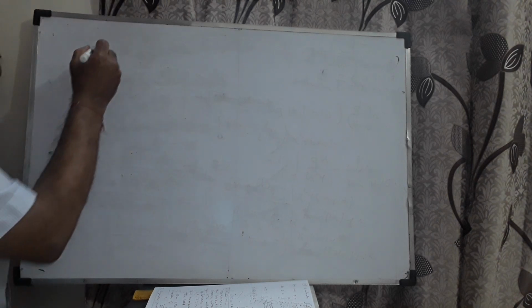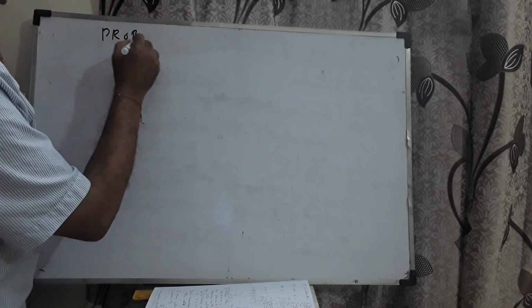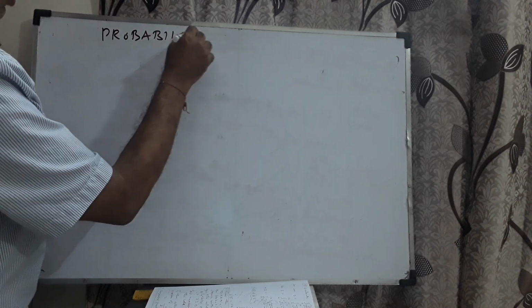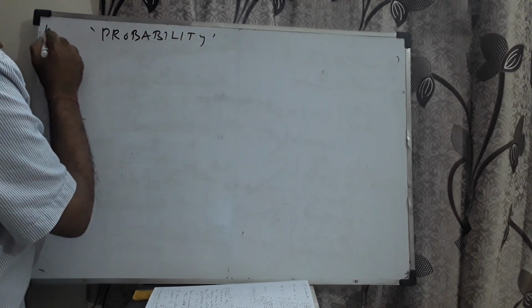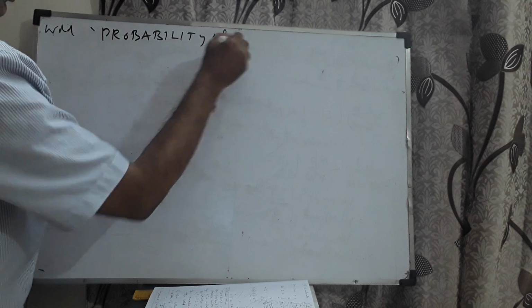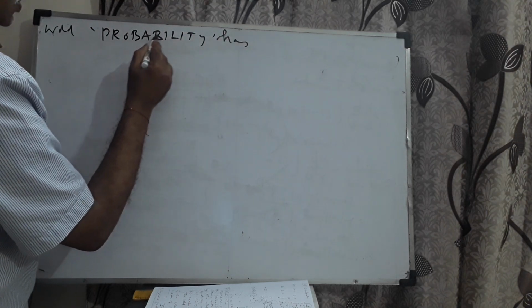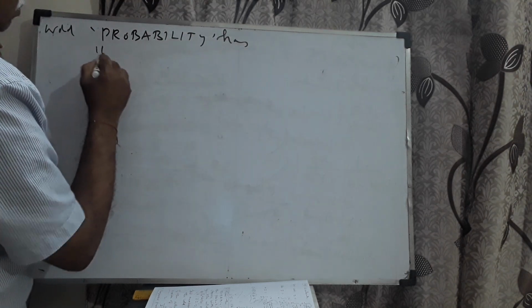The word probability, you may think it's a problem from 11th standard, but such a question can be given in your examination. Word probability has how many letters? 1, 2, 3, 4, 5, 6, 7, 8, 9, 10, 11. 11 letters.